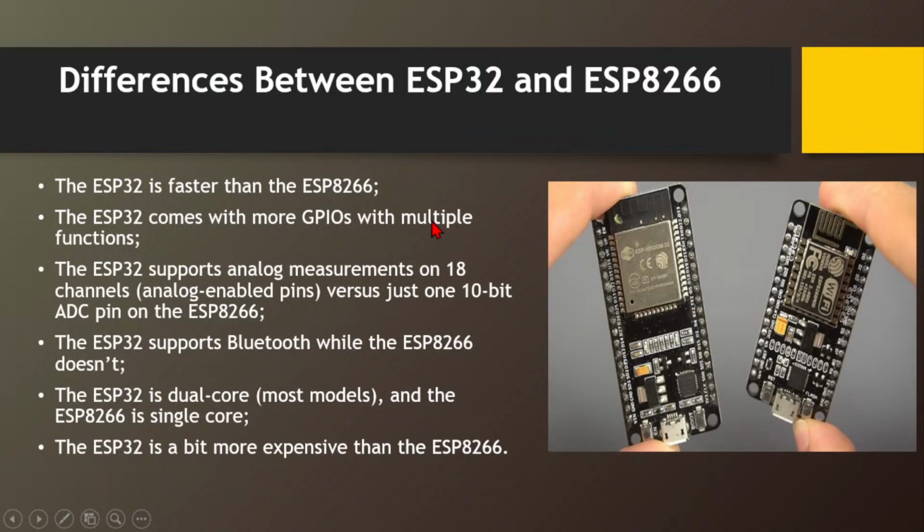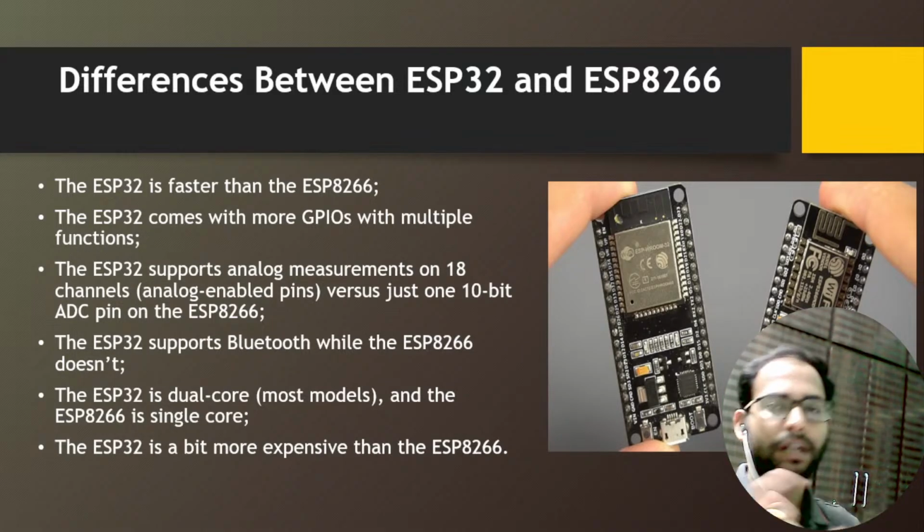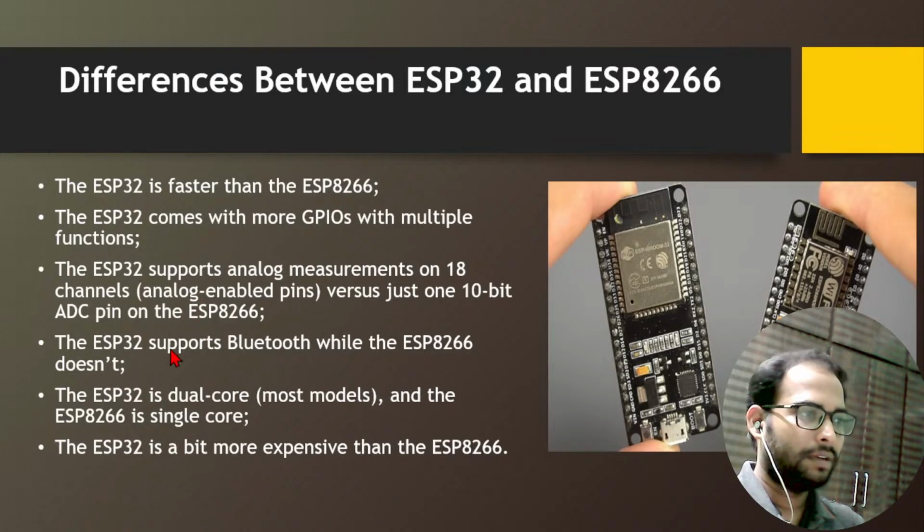The point here is ESP8266 does not have Bluetooth connectivity, but ESP32 has Bluetooth connectivity. That's why it is important that you always buy properly, and check whether you are buying an ESP32 or an ESP8266. If it is ESP8266, then Bluetooth won't be there. That's what is written here.